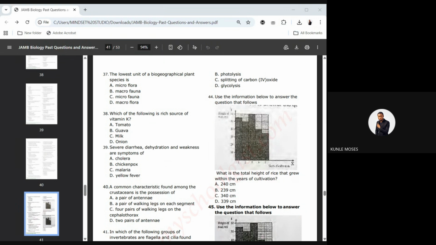A common characteristic found among the crustaceans is the possession of what? Anybody? Two pairs of antennae.